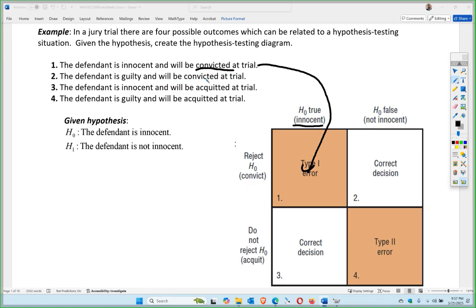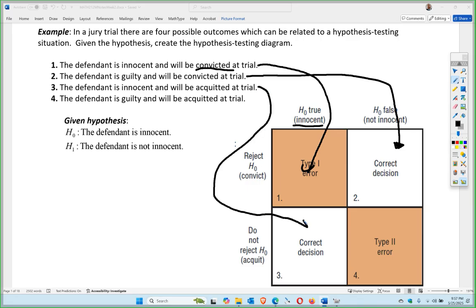If the defendant is guilty and is convicted, that's what should happen. That is the correct decision. So you reject the null hypothesis, which is that they're innocent. If the defendant is innocent and is acquitted, that's a correct decision. But if the defendant is guilty and is acquitted, that's a bad decision, which means you didn't reject the null hypothesis, which is that they're innocent, but you should have.